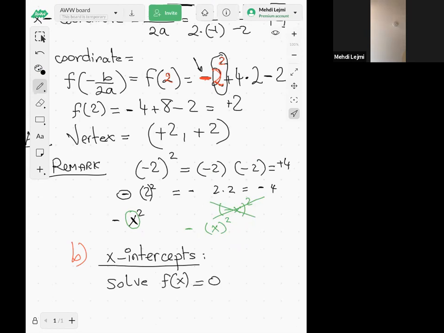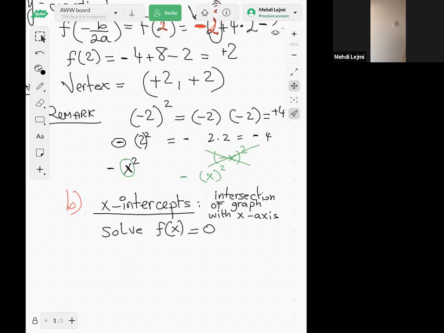Just to remind you, you don't have to write the definition in the test. If you have to find the x-intercept, just go ahead with solving f of x equal to 0. This is just to remind you of the definition.